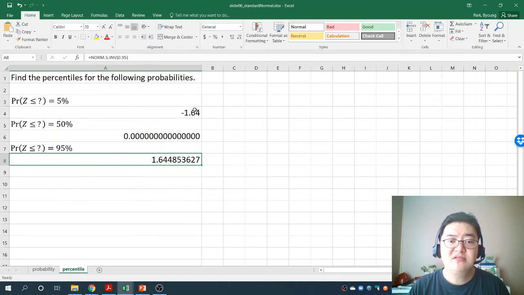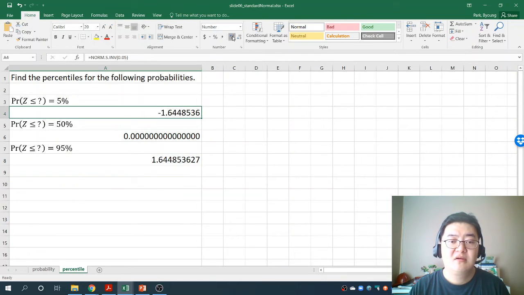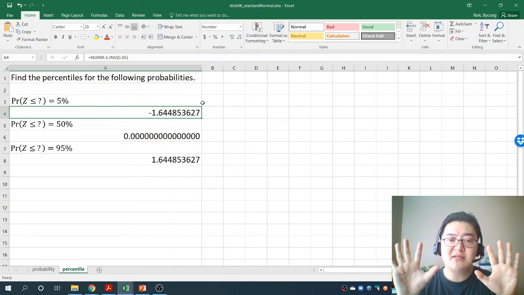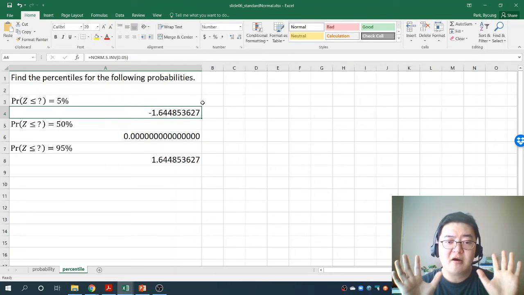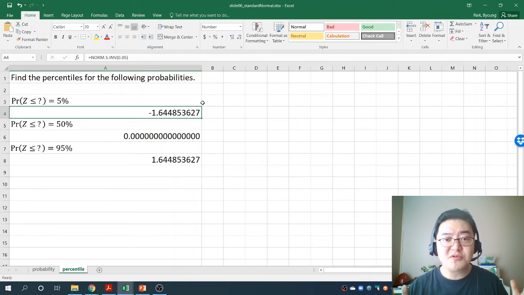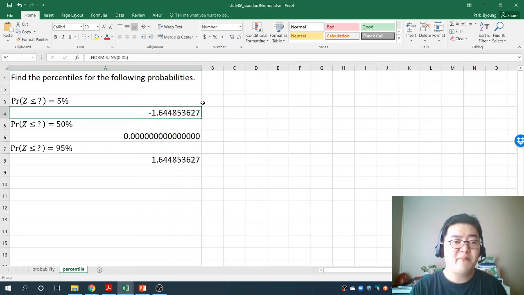Remember, this is the same number as the earlier one. So bottom 5% and top 5% are symmetric. Because the normal distribution is symmetric, if you want to calculate the top 5%, you may calculate the bottom 5% and flip that. It always holds for any normal distribution.